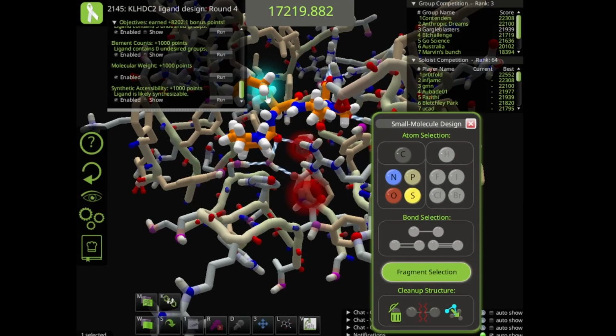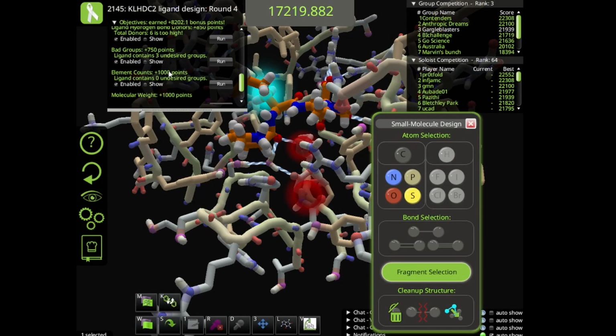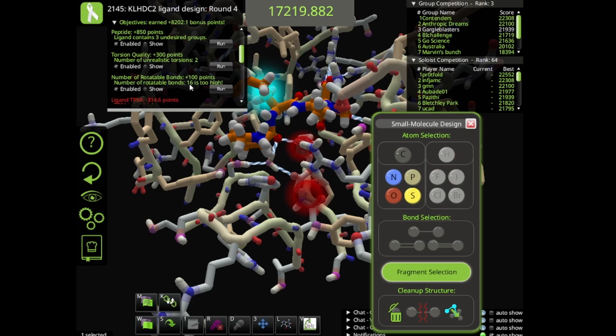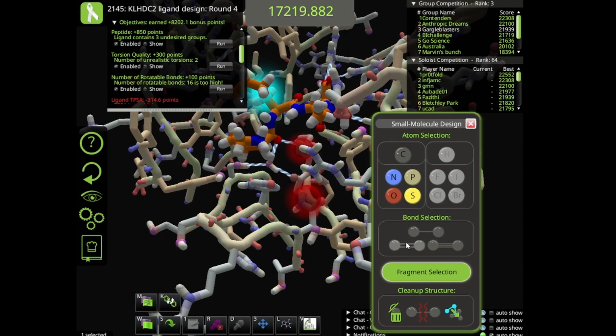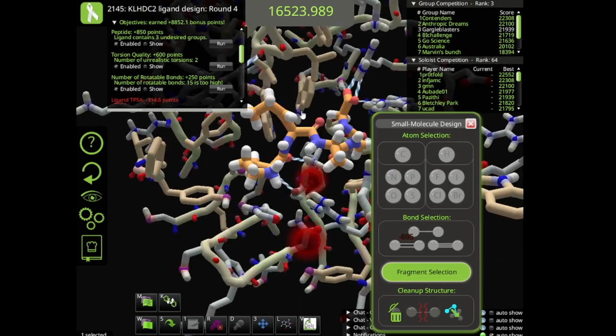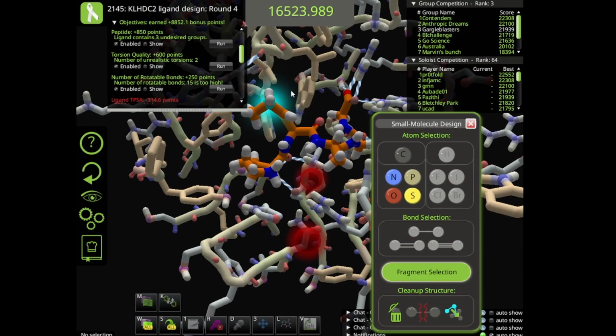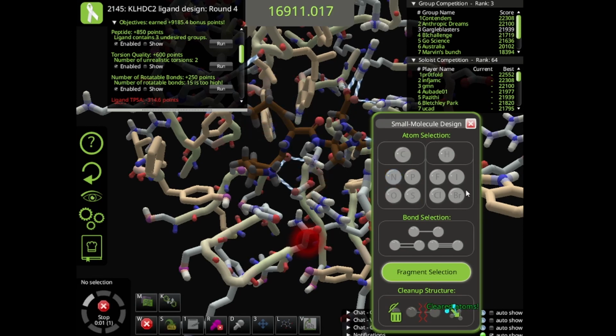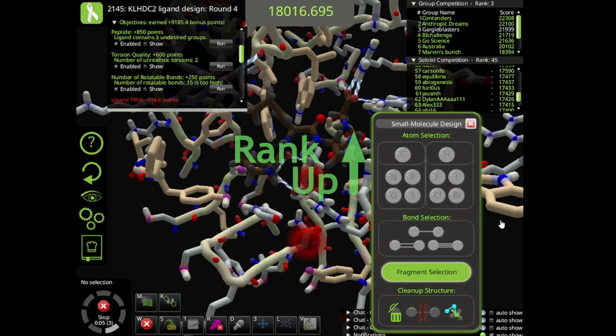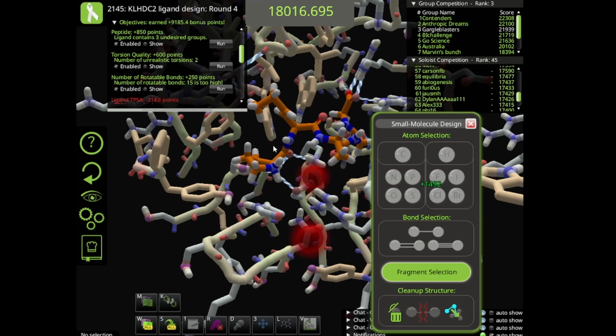And we have too many rotatable bonds, so I will make some double bonds. Let me figure out what's the matter. Never mind.